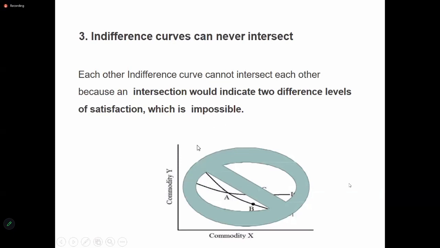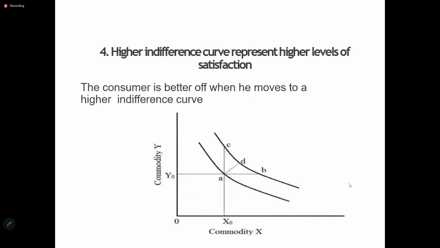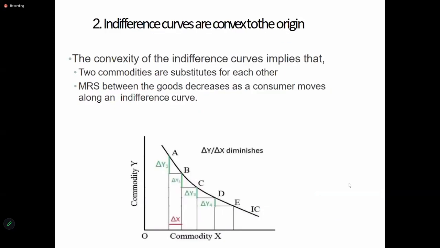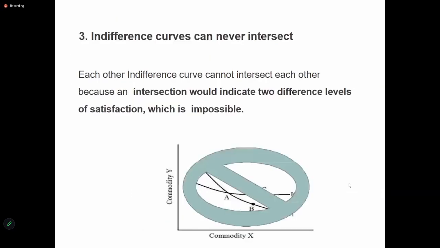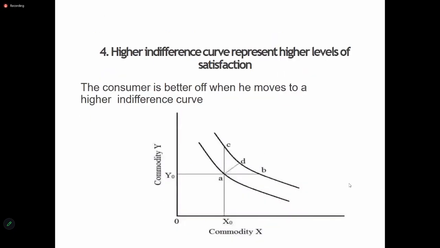Okay, I think you can easily remember this. The first one, negatively sloped, convex to the origin, never intersect. Fourth property, higher indifference curves represent a higher level of satisfaction. In the same way, higher indifference curves give higher satisfaction.